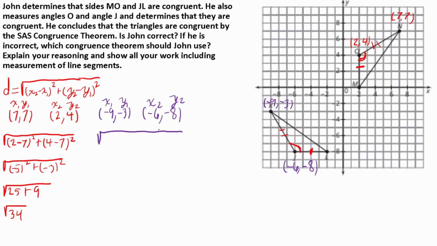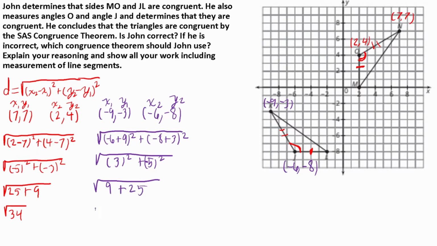We get the square root of negative 6 plus, because we have a minus negative, 9 squared plus negative 8. And this is going to turn to a plus 3 squared. That will give me, when we do it inside of our parentheses, we're going to get 3 squared plus negative 5 squared, which will then give me 9 plus 25.